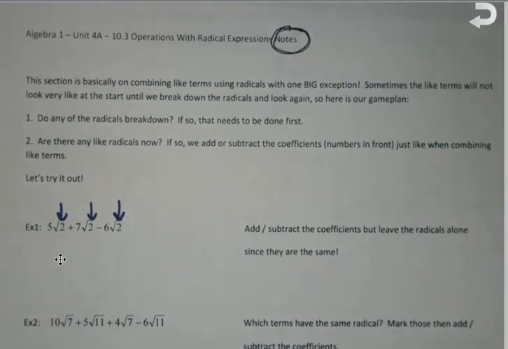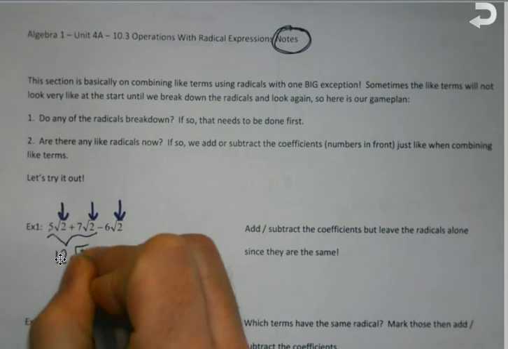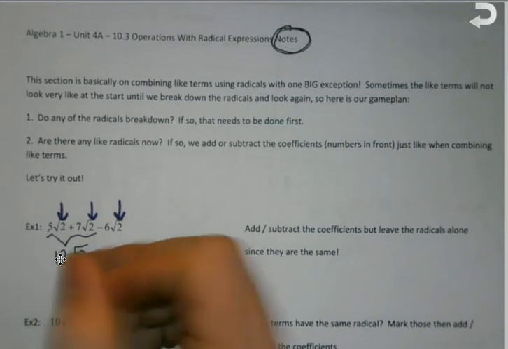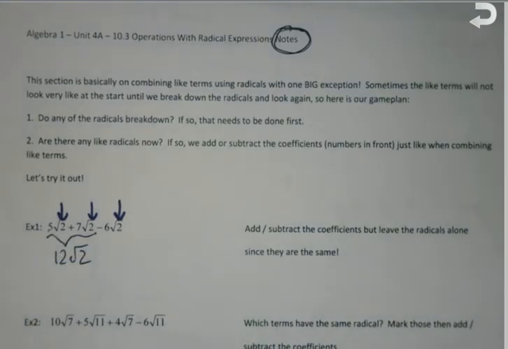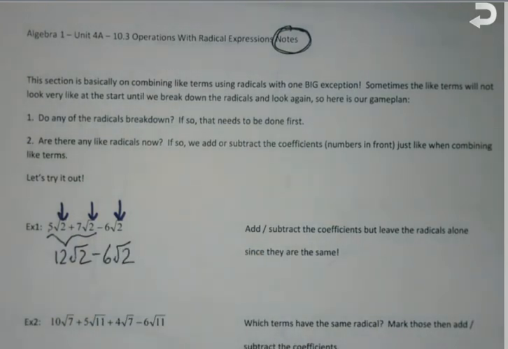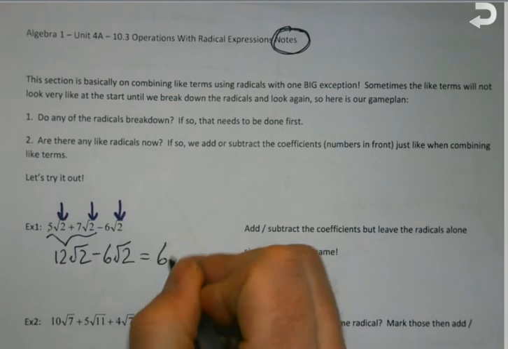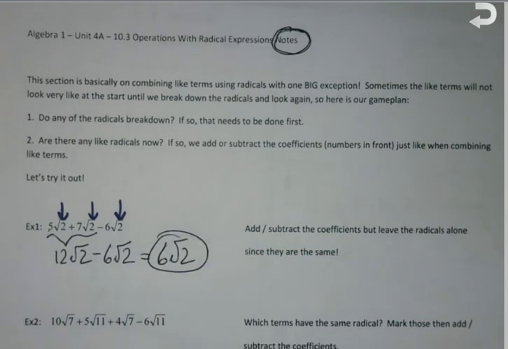So in this case, for instance, 5 plus 7 would be 12, and then that 12 minus the 6, because some of you, I think, sometimes getting all the things going at once kind of gets you going all over the place. Just do 2 at a time. So 5 plus 7 gets me to 12, and then minus the 6. Notice the square root's not changing, it's just the number in front. So it's just like combining like terms when we just have x's or anything else.